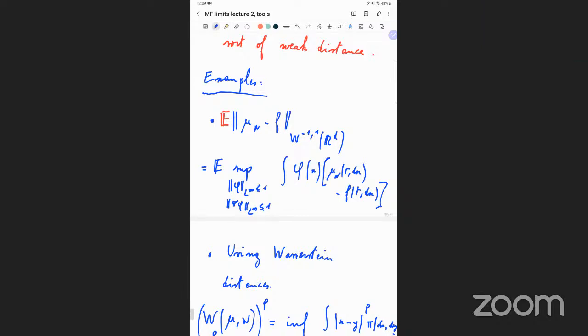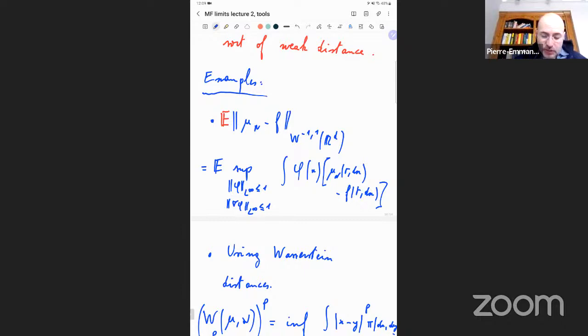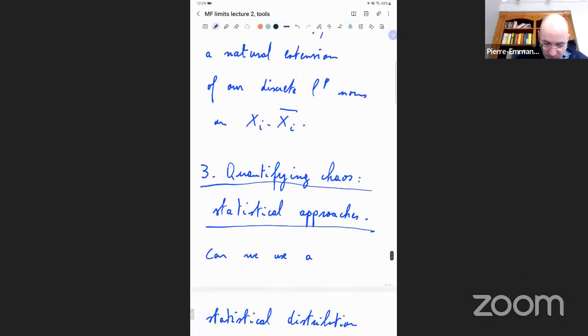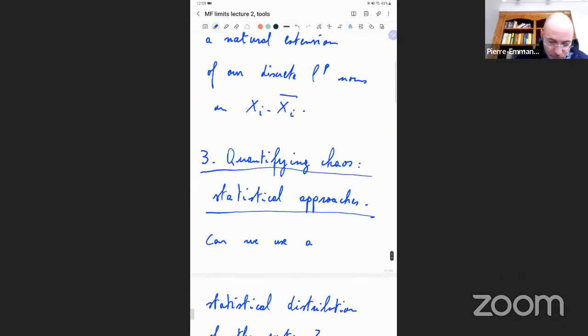Of course, the question here is, in general, do we have that the expectation of some Wasserstein distance between mu n and f converges to 0 as n tends to infinity?